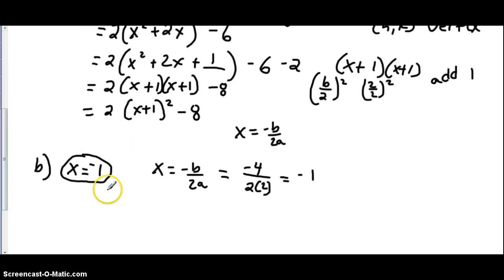So here's our function, and we have our y. Our function is written as 2 times x plus 1 squared minus 8. So when we're solving for the quadratics, we know y would have to be equal to 0.